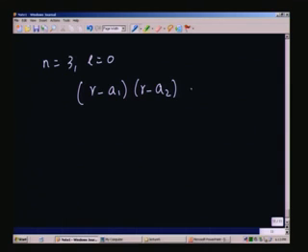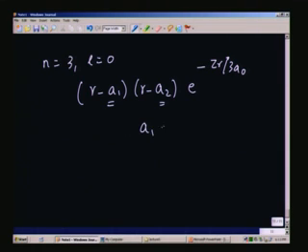The function can be written for n equal to 3 and l equal to 0 as a function (r minus a1) times (r minus a2) times e to the minus zr by 3a naught, where these are the roots of the quadratic.